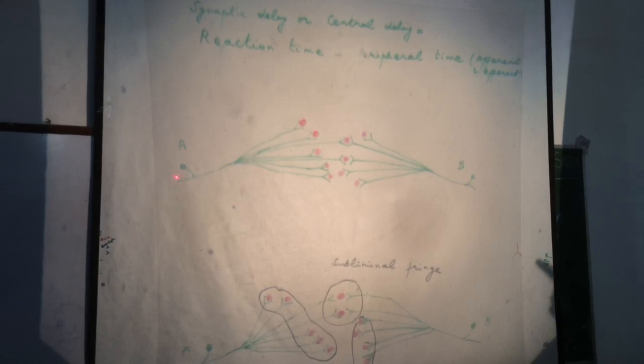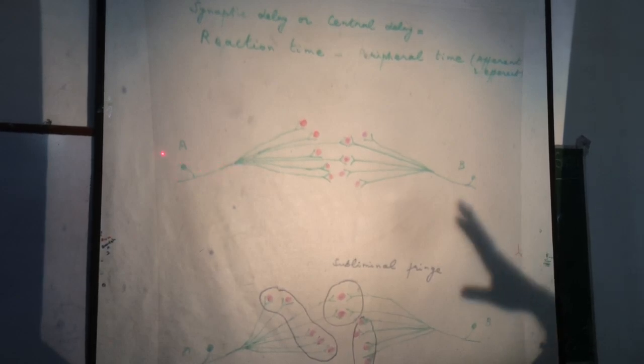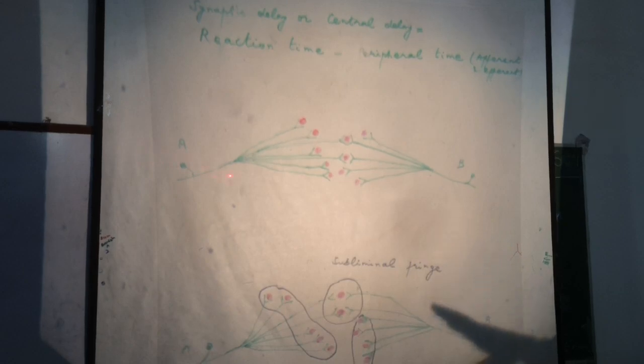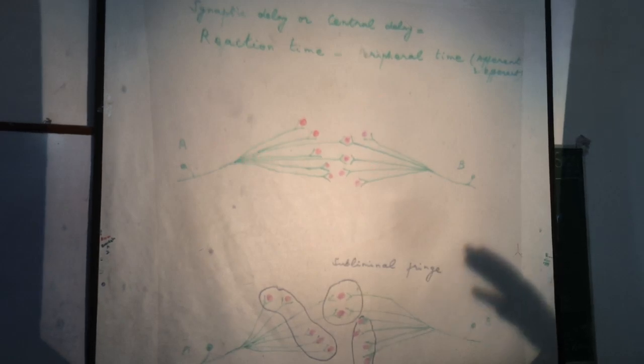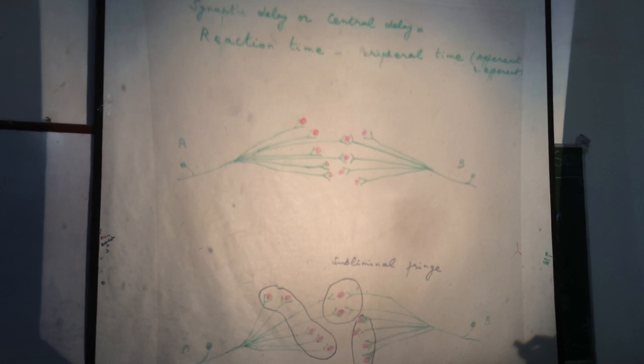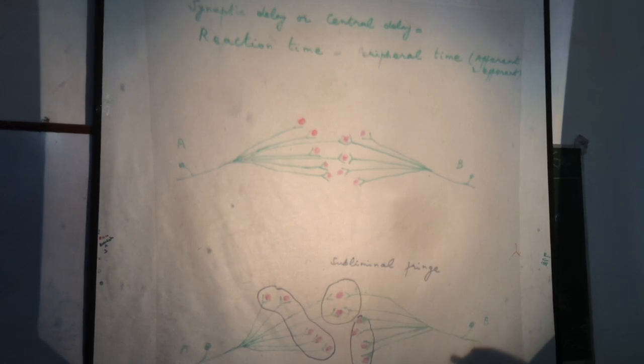So you stimulate afferent A separately, the muscle tension produced is 7G, and you stimulate afferent B separately, the tension produced is 5G.